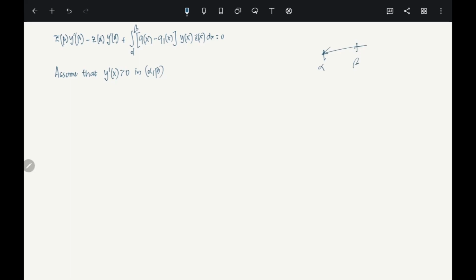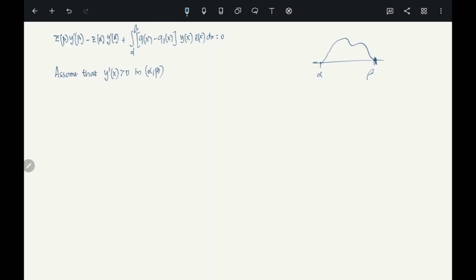These are the consecutive zeros. So it can either go up or go down, any one of them. We are just assuming it is positive; we can assume negative also, it doesn't matter. If it is positive, between alpha and beta, what is y doing? y is 0 here, so it goes up somewhere and then it has to come down and match at beta.